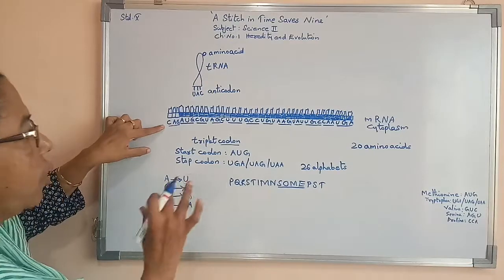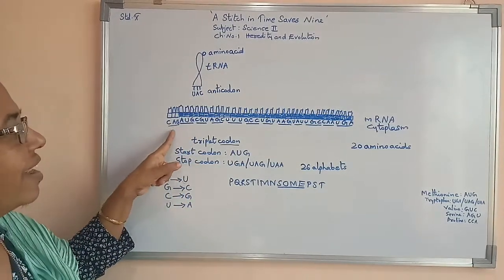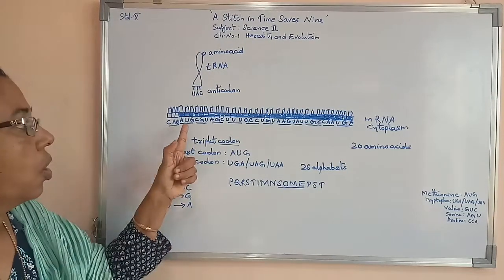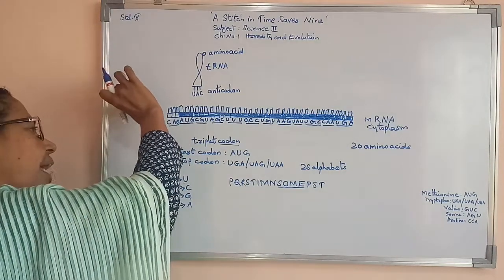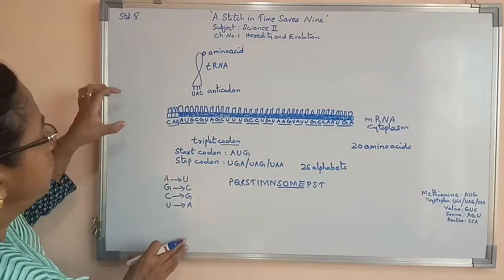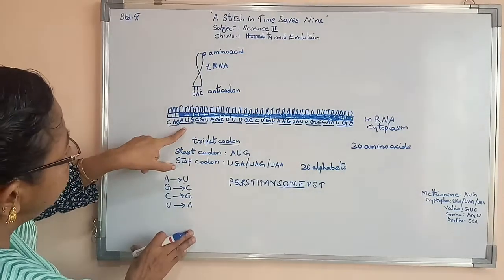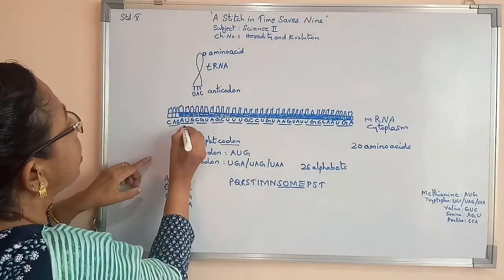Because the start codon should be AUG. This is not the start codon; the start codon always should be AUG. So the transfer RNA along with the ribosome keeps reading codons, and as and when it reaches AUG, we can say that this is the start codon.